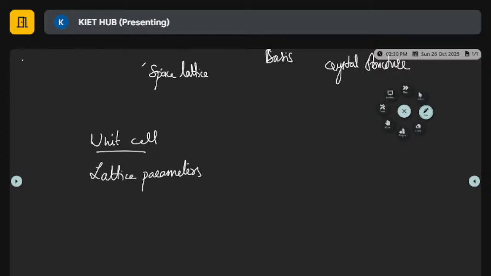For what purpose are these lattice parameters used? To describe the unit cell. ఒక యూనిట్ సెల్ని డిస్క్రైబ్ చేయాలంటే కొన్ని పారామీటర్స్ యూజ్ చేస్తాం. వాటిని ఏమనాలి? లాటిస్ పారామీటర్స్. So what are those lattice parameters that we are using to define a unit cell? What are they?